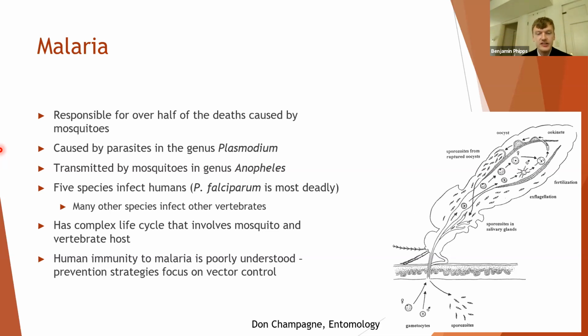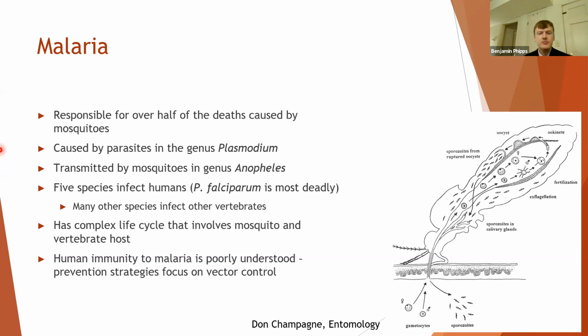These parasites have a complex life cycle that involves a mosquito and a vertebrate host. So when a mosquito ingests parasites in a blood meal from a vertebrate host, the parasite must undergo a complex series of stages before it can become infective to the next host.